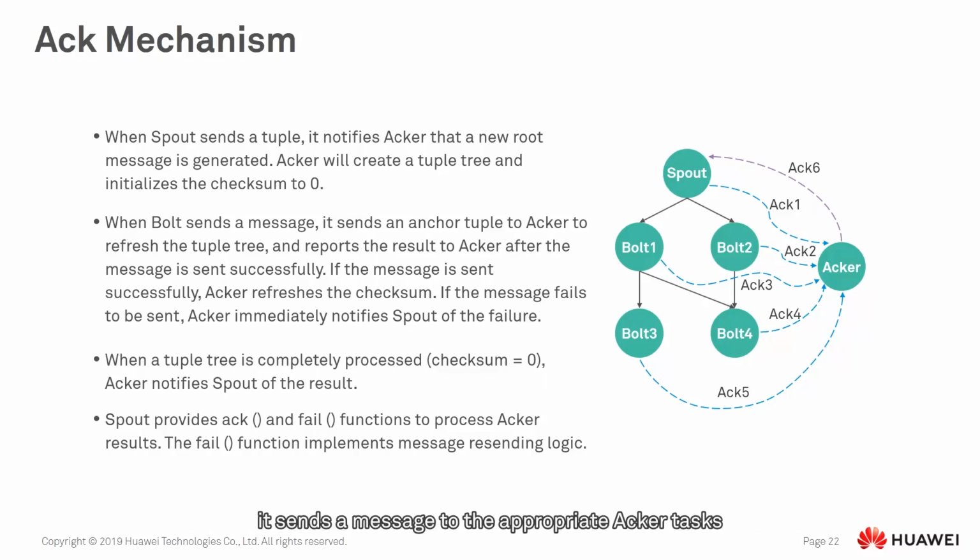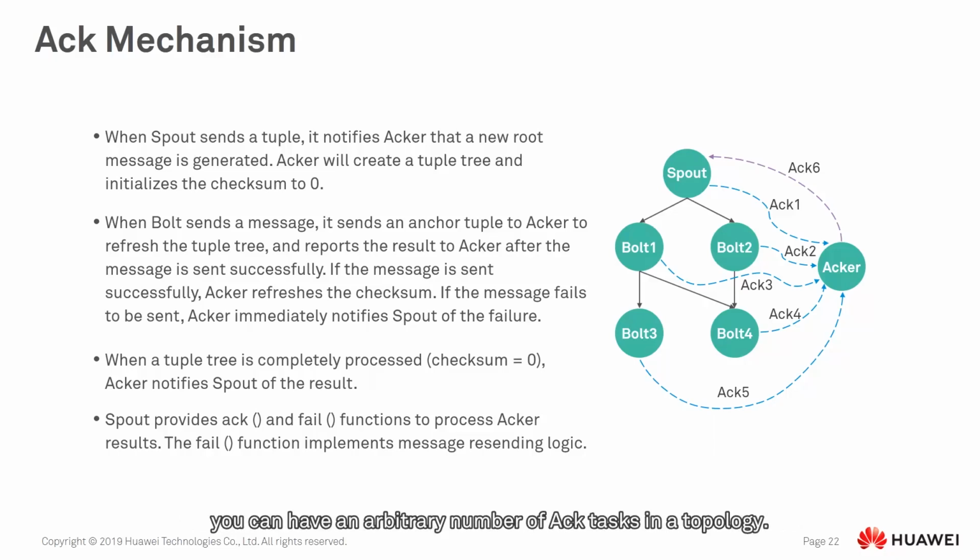When a tuple is acked, it sends a message to the appropriate acker tasks with information about how the tuple tree changed. In particular, it tells the acker, I am now completed within the tree for this spout tuple, and there are the new tuples in the tree that were anchored to me.